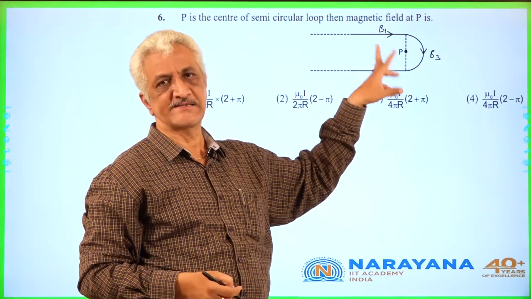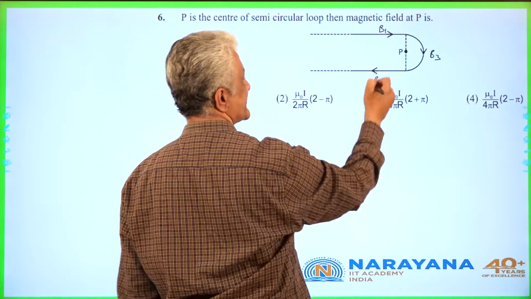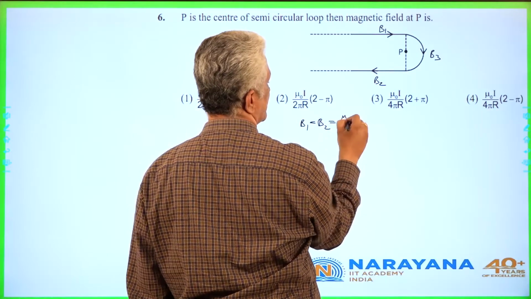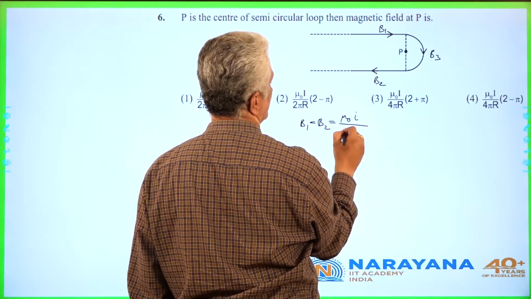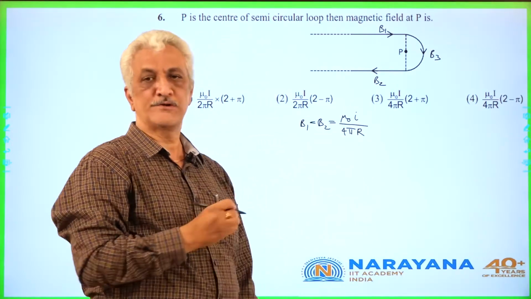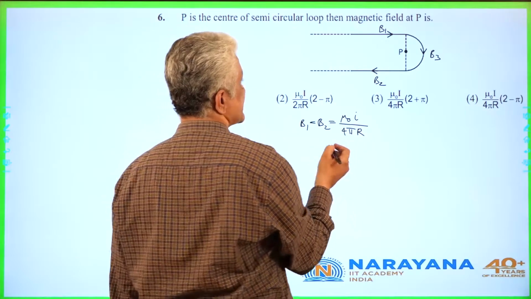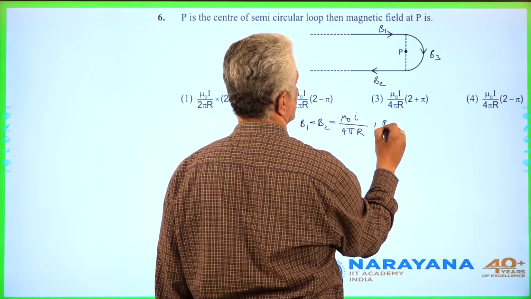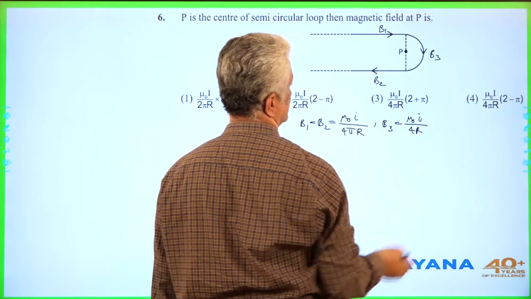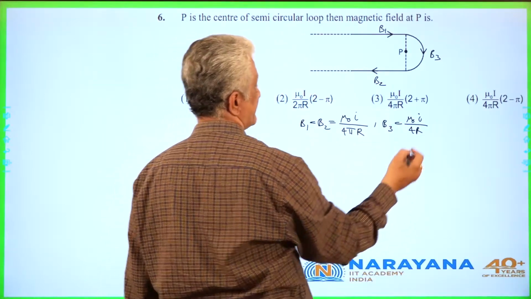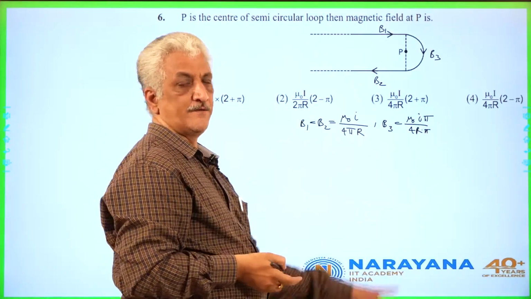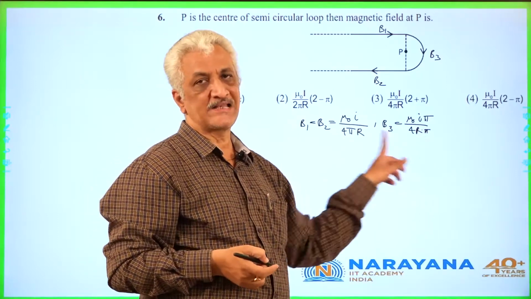For the end point, B1 and B2 are both equal, and the formula is mu naught I by 4 pi R. Whereas B3, the semicircle, will be mu naught I by 4R. As pi is in the denominator, we multiply and divide with pi to make the calculation easy.